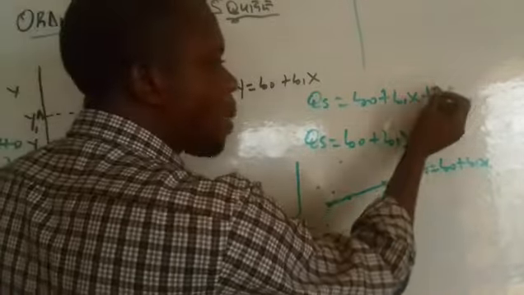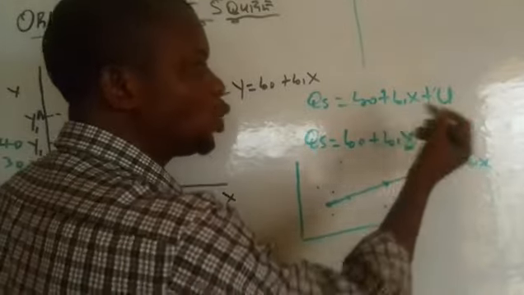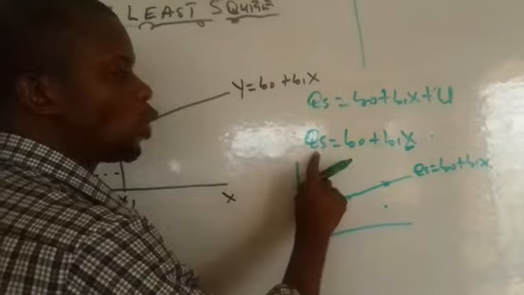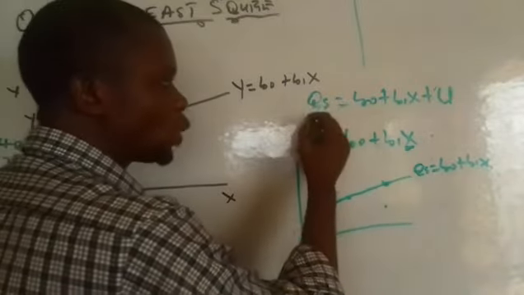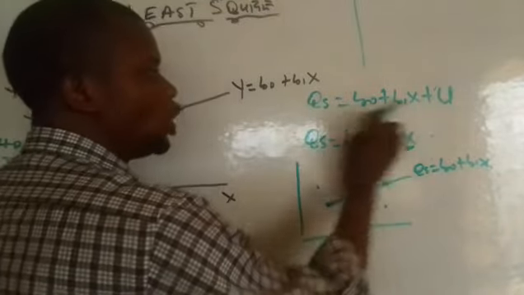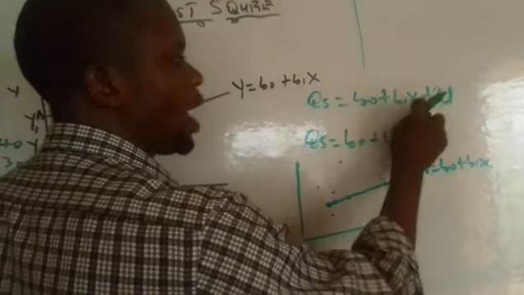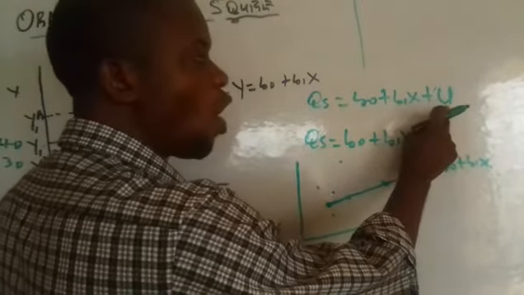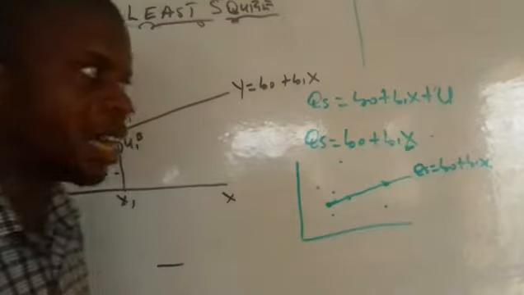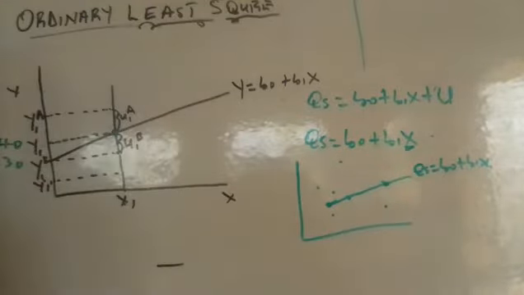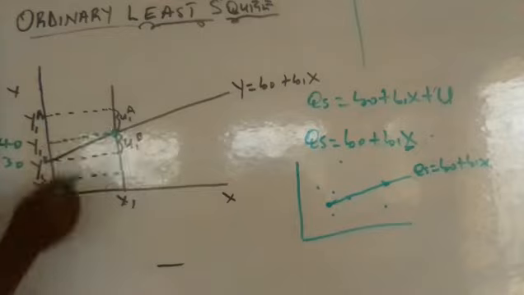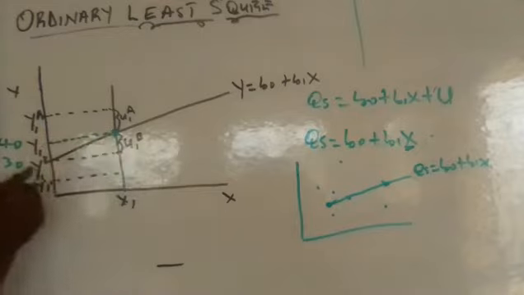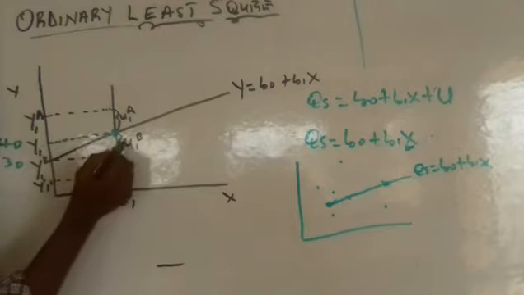This will now represent all other factors that can affect supply aside from price. So that is why we write our exact relationship as QS equals B0 plus B1X plus U. And this U denotes the stochastic term or error term. You can call it stochastic term or error term. At this point, our stochastic term below the normal supply is U1.